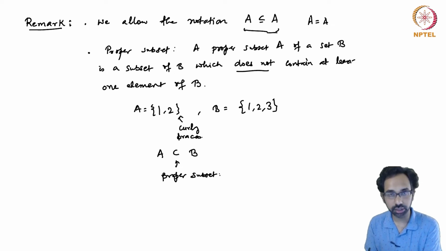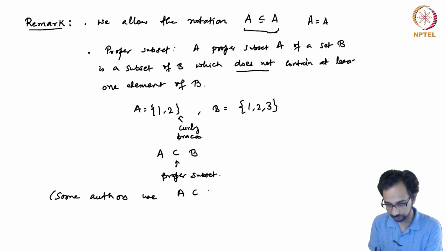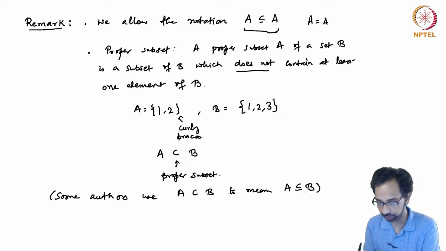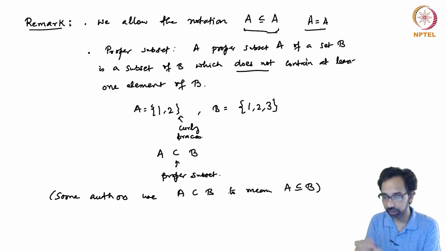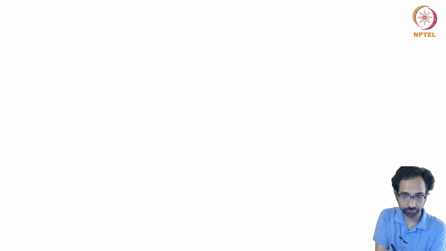This notation convention is not universal, in the sense that some authors use the second one, which we have used for proper subset, to mean what we have denoted by A is a subset of B, which allows B to be A itself. This is a good time to mention what book we will follow for this course.